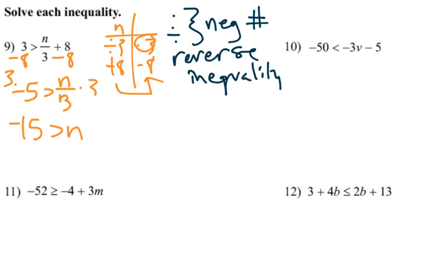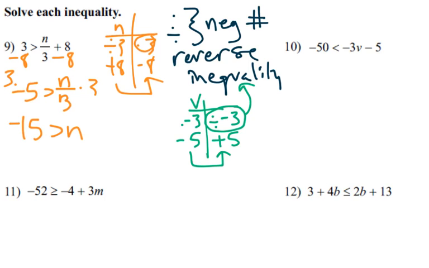Number 10, same idea. Okay, what are we doing to v? We would times by a negative 3, then subtract 5. So we're going backwards. We'd add 5, divide by a negative 3. Now notice, right there we're doing this, so we're going to have to reverse that inequality.